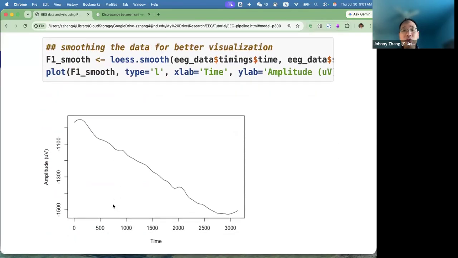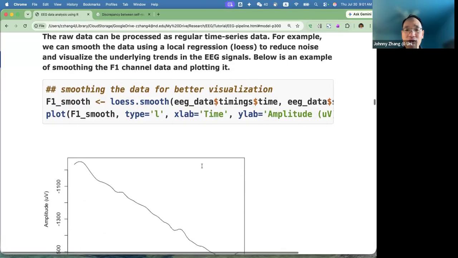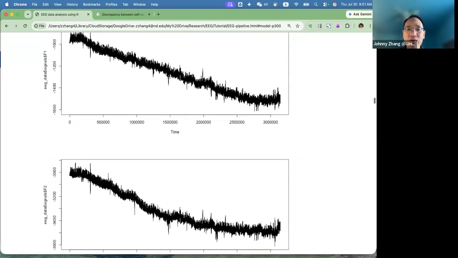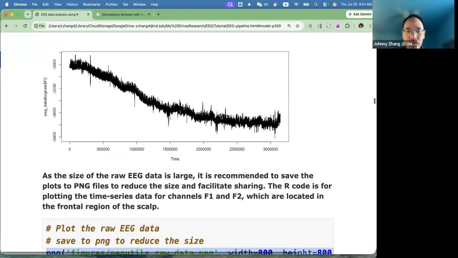You can also use very basic statistical methods to analyze the signals. For example, I can smooth the signals using the lowess function, so this is a smoothed curve of this one.